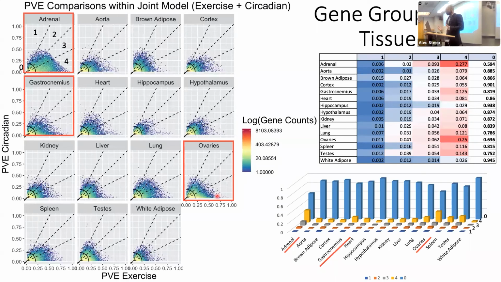It helps you see what tissues are really responding to the acute exercise response, and also the degree to which circadian genes, those that model well with circadian rhythm, might be adulterating it or pulling it over to the left-hand side. So we can see the frequency of those genes here and then here in all of our different groups.